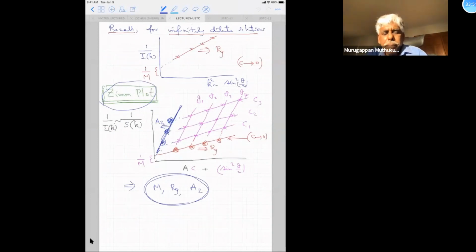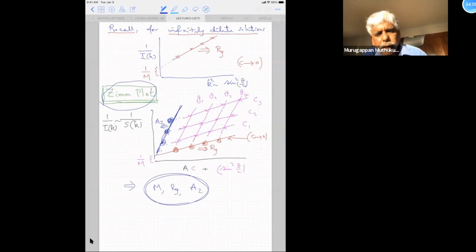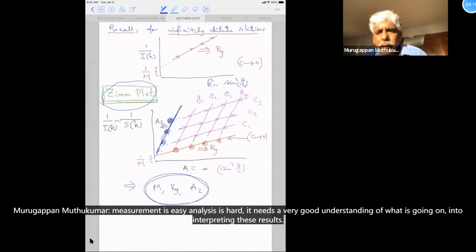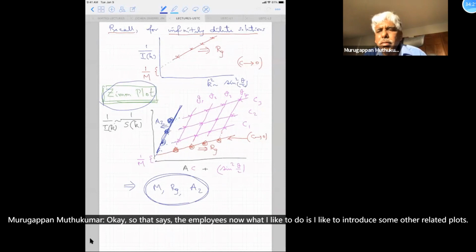This is a very important technique used in polymer science, constructing a Zimm plot from scattering and then measuring these 3 quantities. I hope all of you will make these measurements, because the measurement is easy, analysis is hard. It needs a very good understanding of what is going on to interpret these results. So that's a Zimm plot.